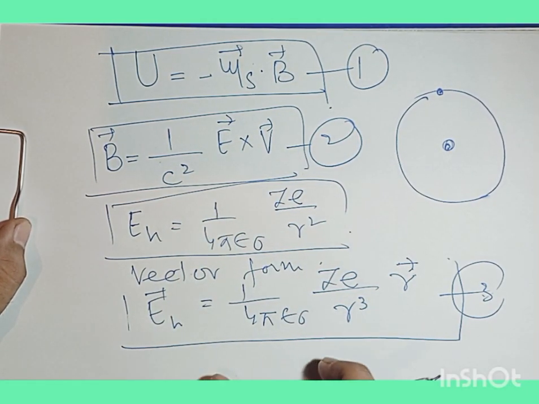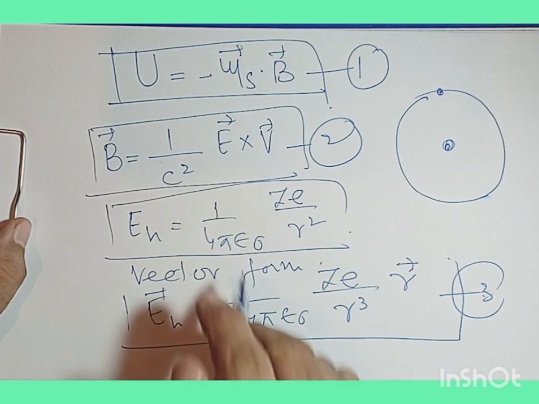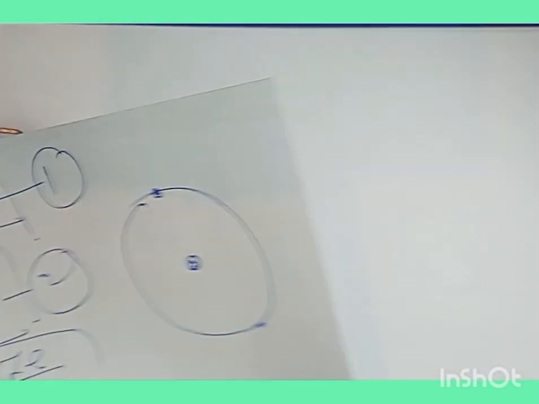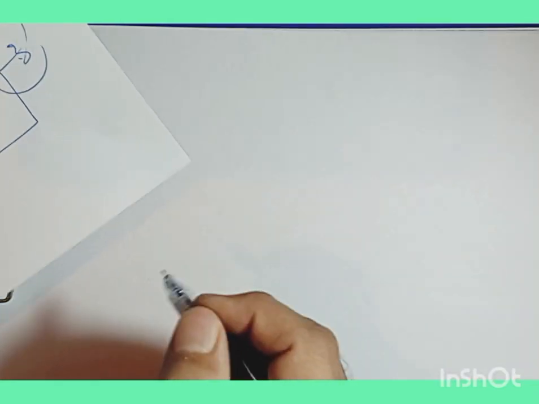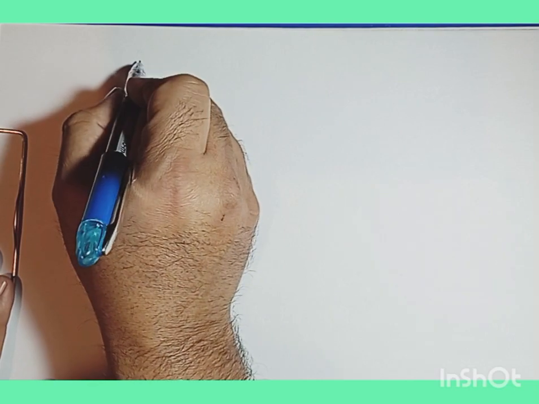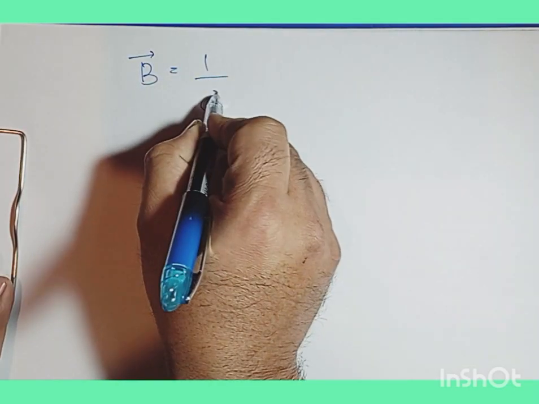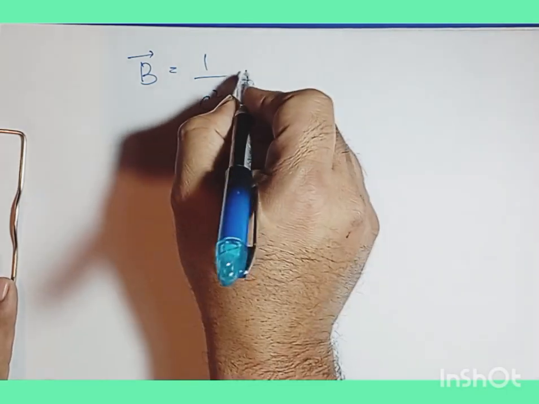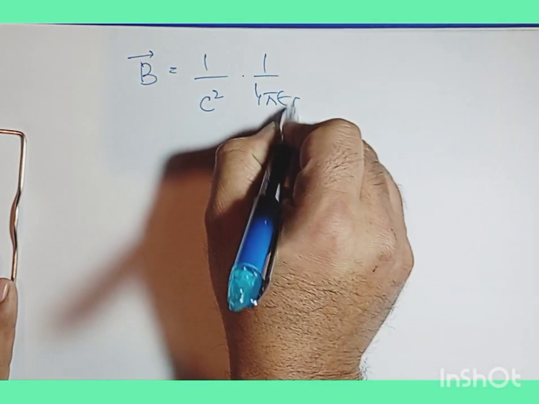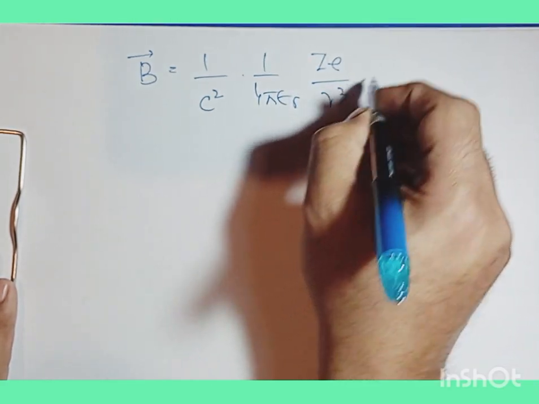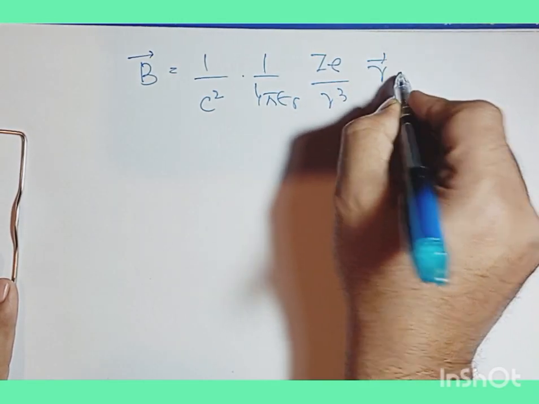I can use this expression of the electric field in equation number 2. What I'll get is that the magnetic field will be 1 by c square times 1 by 4 pi epsilon naught ZE by R cube, and then R vector cross V vector.